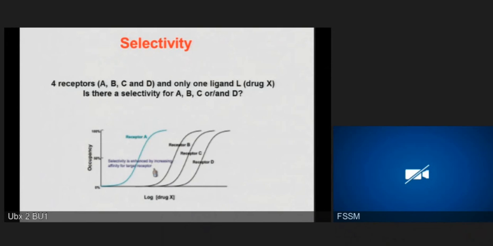If you go at 100% of occupancy of A, which is almost here, then you check here, and this is not good because you maybe have 10% of B already. So you cannot say that the ligand is fully selective if you are using a high concentration of your ligand.